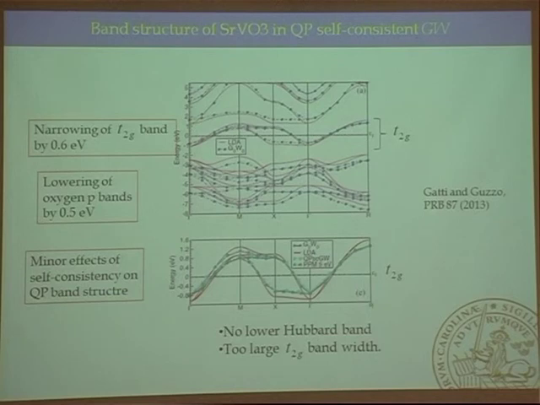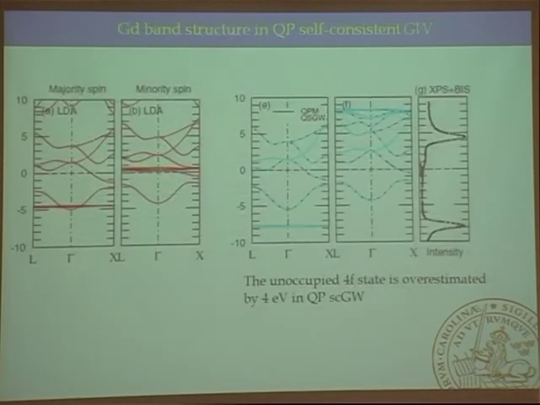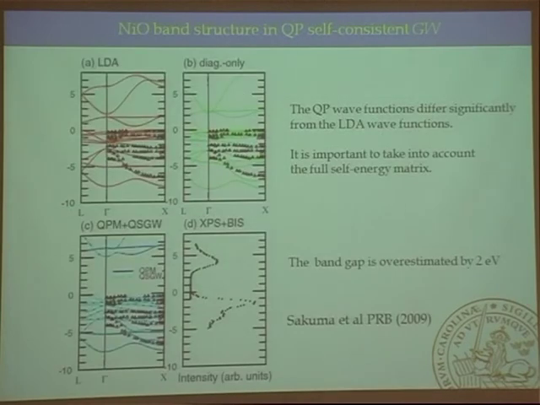The charge transfer gap, Ep minus Ed, for nickel oxide is much smaller compared to that in strontium vanadate. I suppose it should be between this one and this one.